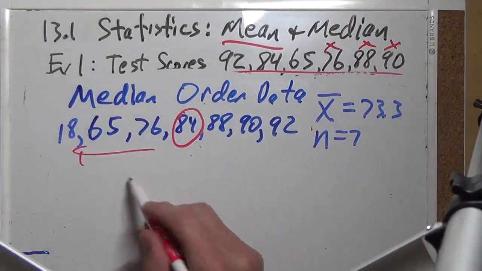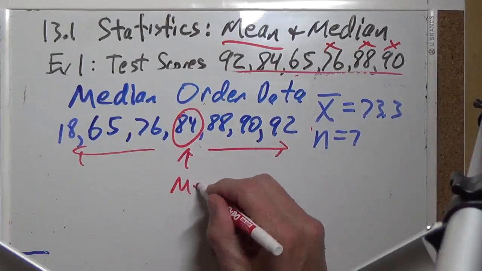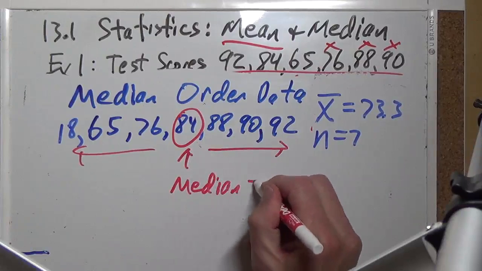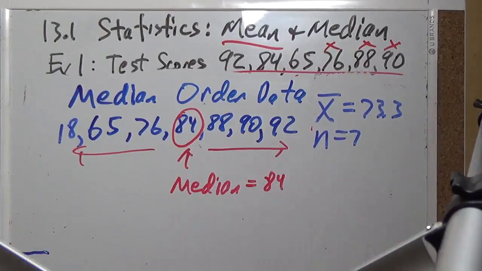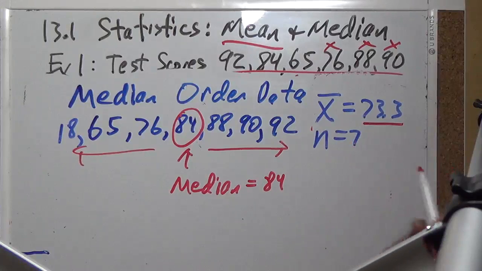I've got 3 below, 3 above, that's right in the middle. So the median is 84. So the outlier really affected the mean, but not the median so much. That's why sometimes we use the median if we're worried about outliers.